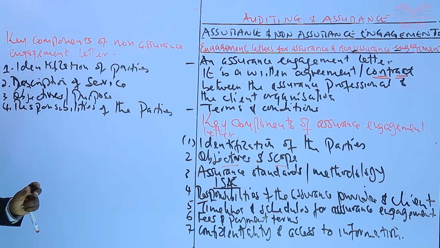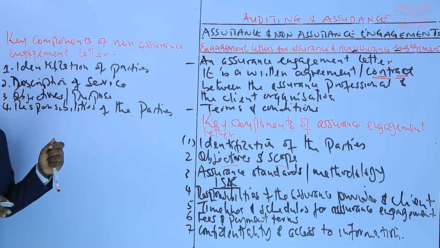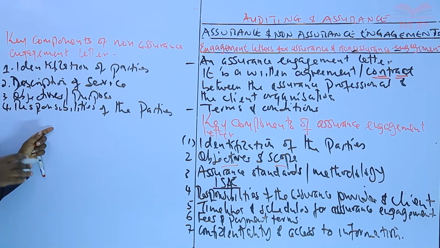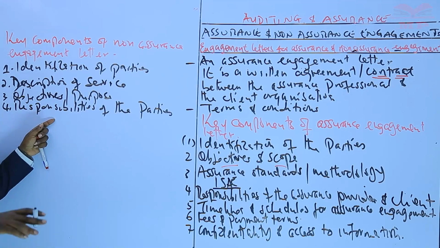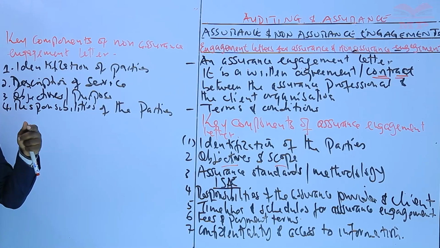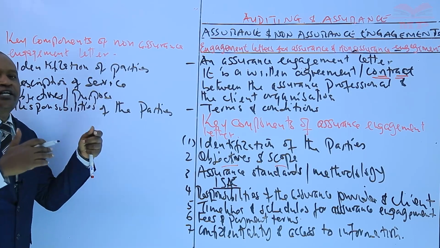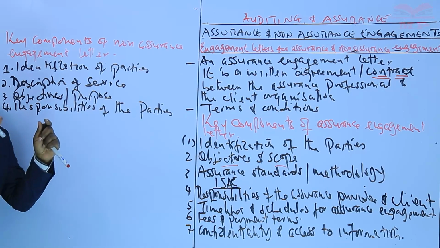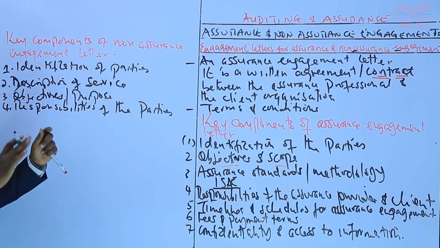It defines the information and cooperation that the client needs to provide, as well as the obligations the service provider has in performing the services, the obligations and responsibilities.